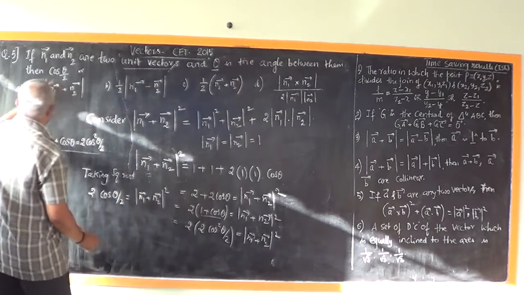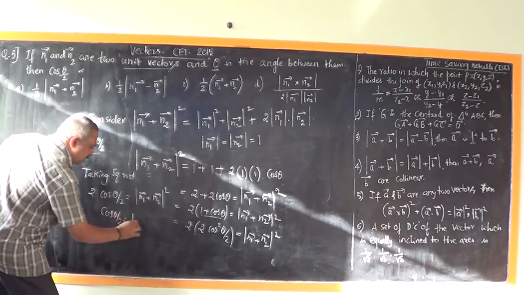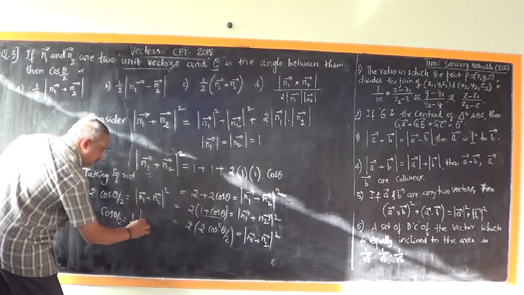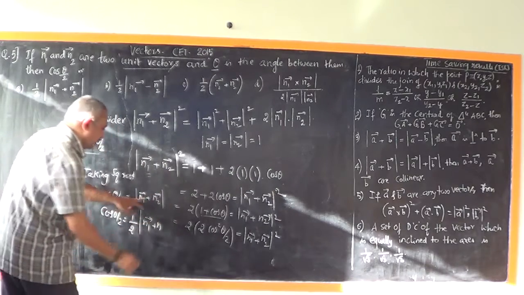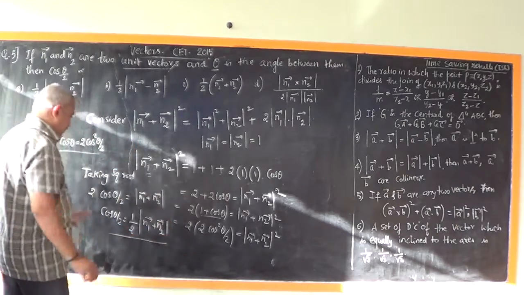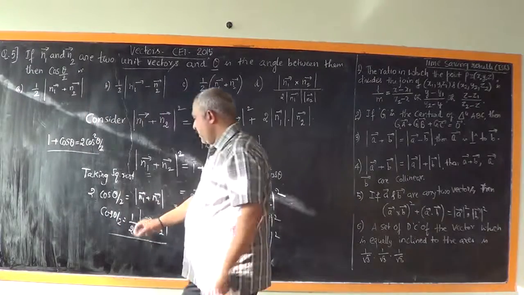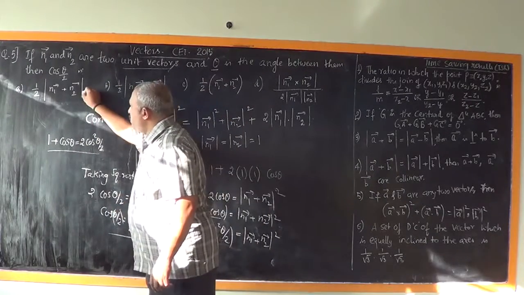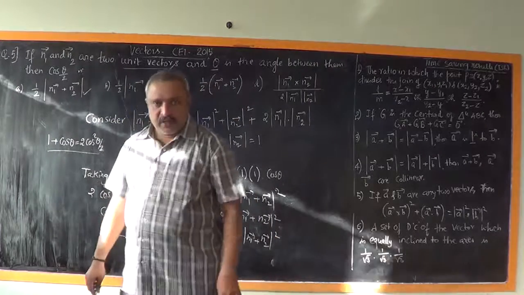We just wanted the value of cos theta by 2, so cos theta by 2 comes out as half of the magnitude of vector n1 plus vector n2. I have already taken the square root, so no need to write the square root sign. So which is the answer? Magic. The answer is A. So the value of cos theta by 2 is half of the magnitude of vector n1 plus vector n2.